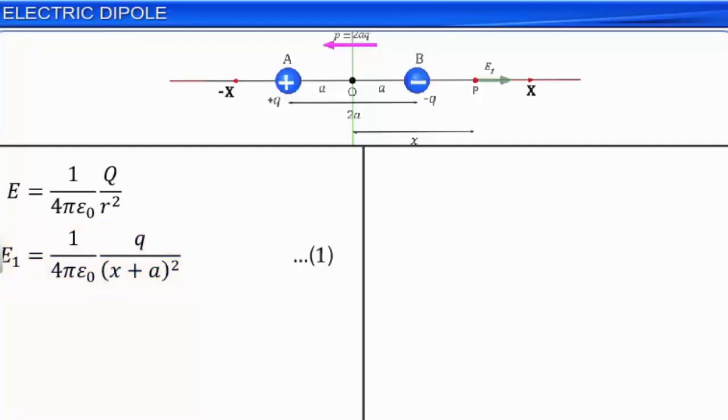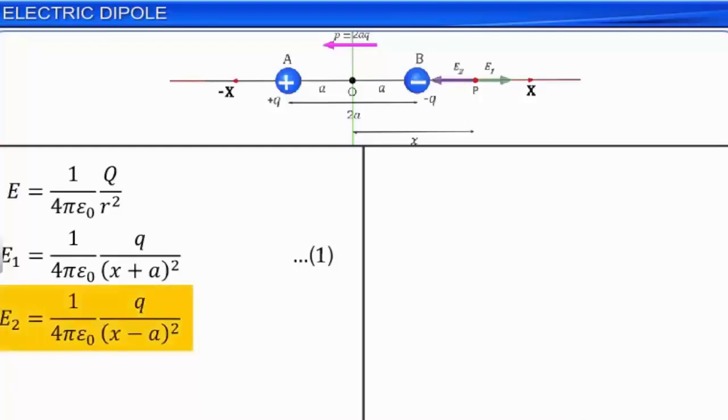Similarly, the magnitude of the electric field strength E2 due to the charge minus q is equal to 1 by 4 pi epsilon naught q by (x minus a) square. Let this be equation 2. The direction of this electric field is in the direction of the dipole moment. The point P is nearer to the charge minus q than the charge plus q.